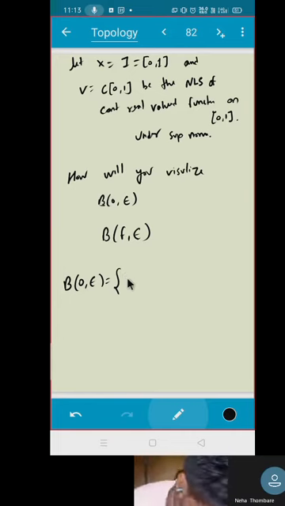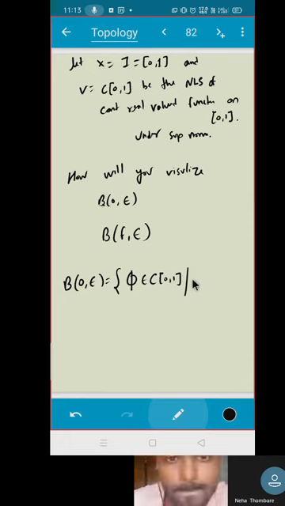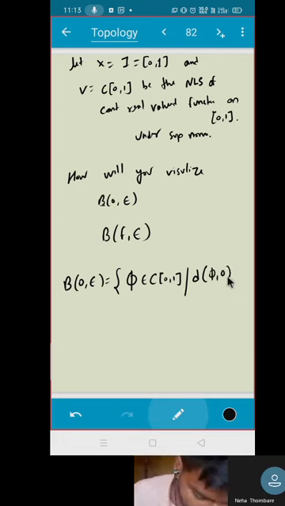So B0 epsilon will contain all the functions phi such that d of phi comma 0 is less than epsilon.